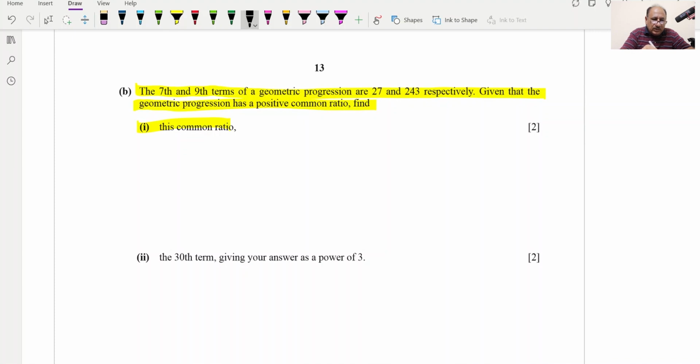So we can take the 7th term, 8th term and 9th term. 7th term is provided as 27 and 9th term is provided as 243, and 8th term we don't know, we can take it as x.